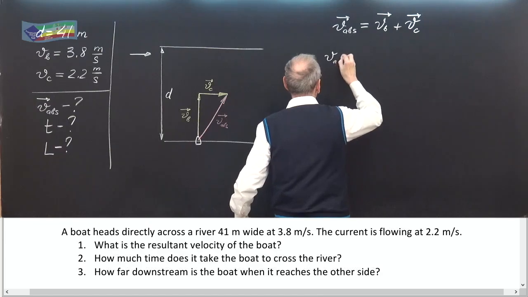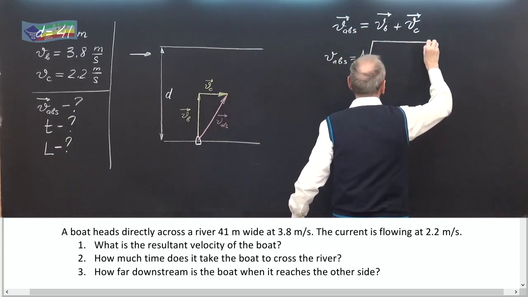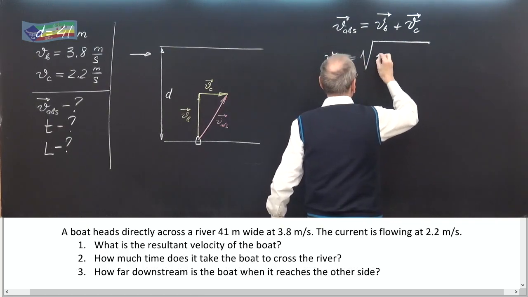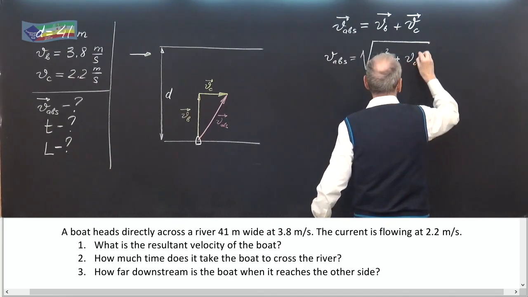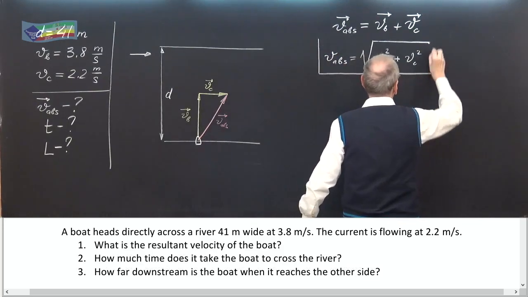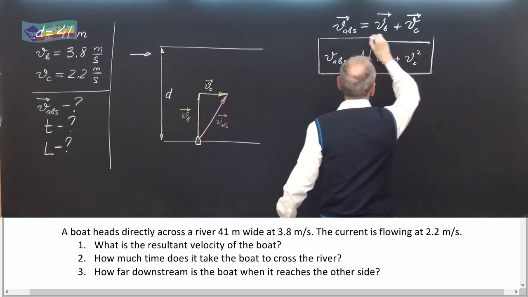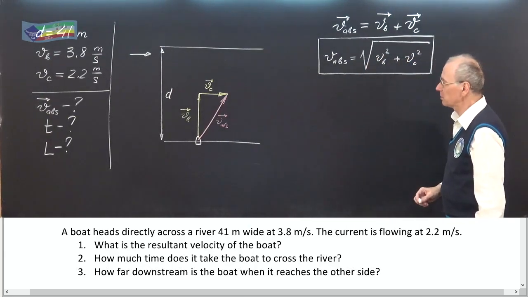V absolute equals square root of VB squared plus V current squared. This formula is ready for use to find the magnitude of absolute velocity.